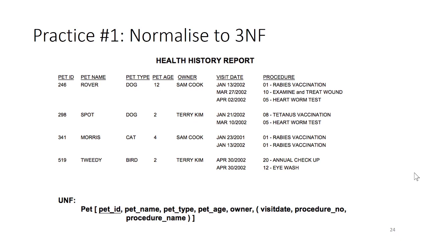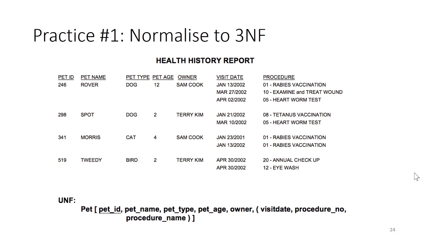So we have 1, 2, 3, 4, 5, 6, 7 attributes. And as you can see, we have 2 fields which are repeated versus the rest of them which are not.